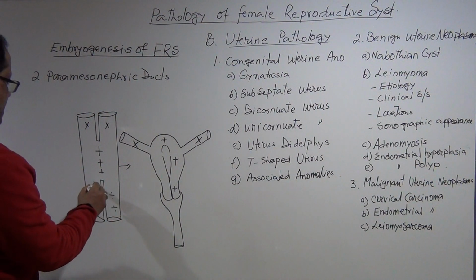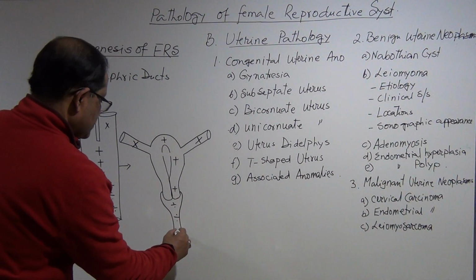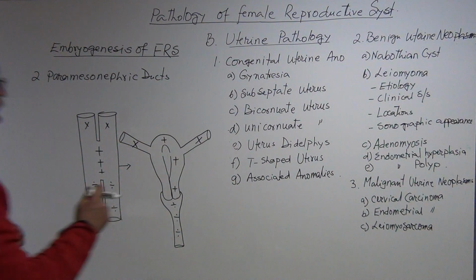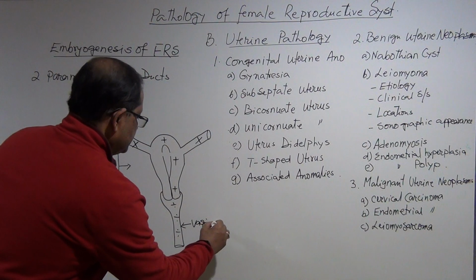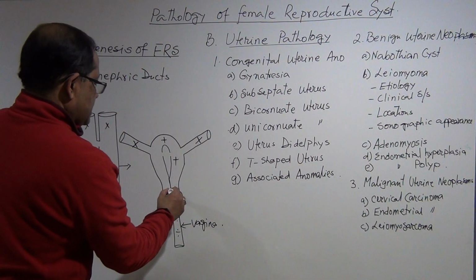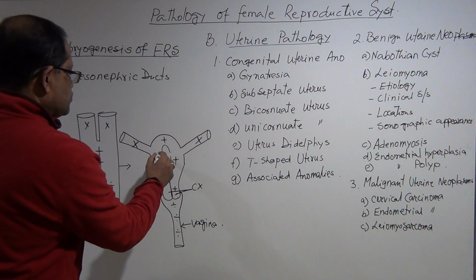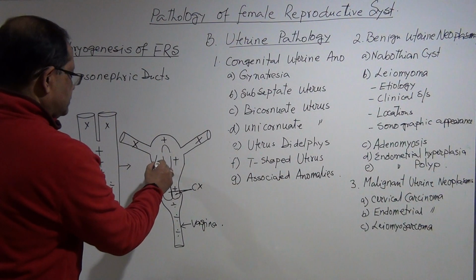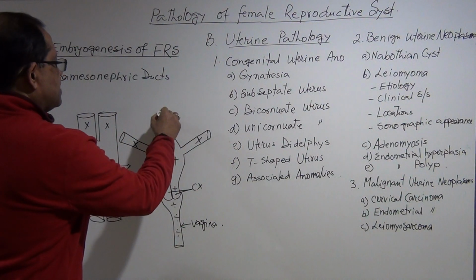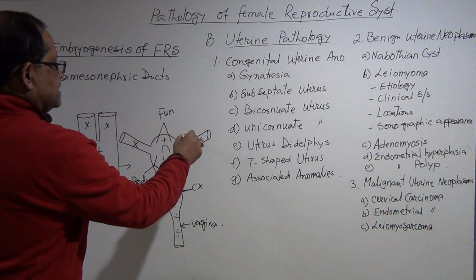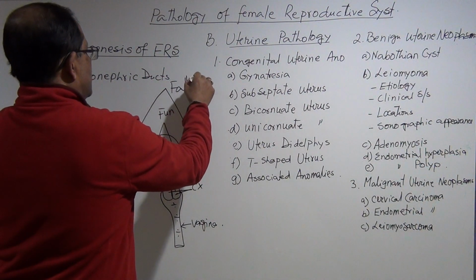They unite together and form this. Okay, so now finally what happened? This is the vagina. So this part is cervix, CX, and this part is body, and this part is fundus, and these are the fallopian tubes.